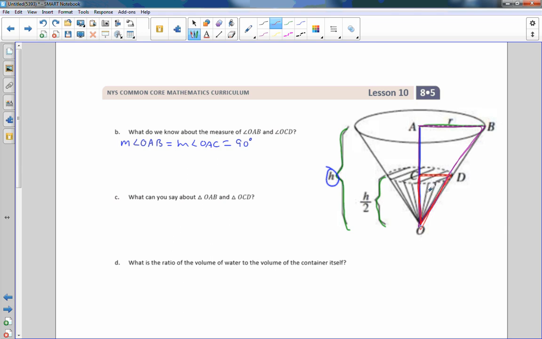Well, from prior lessons, if we know that this is 90 degrees and this is 90 degrees, and angle AOB and COD are the same angle, that means we have two angles that are congruent. And since we have two angles congruent, then triangle OAB is similar to triangle OCD by angle.